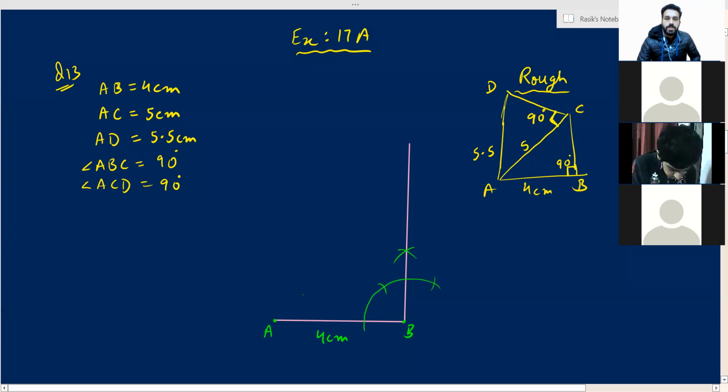Now you have to construct AC of 5 centimeters. So how will you find the vertex C?